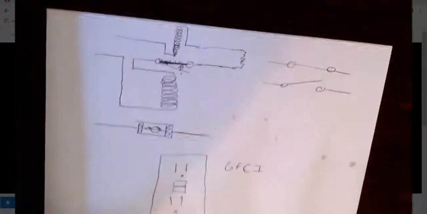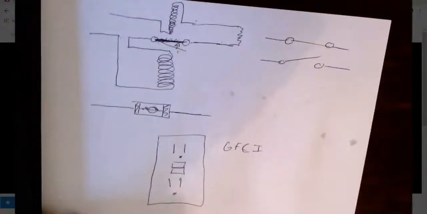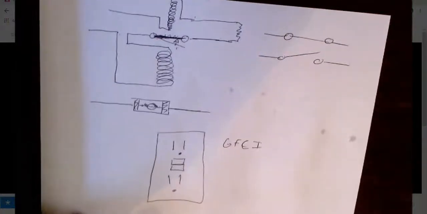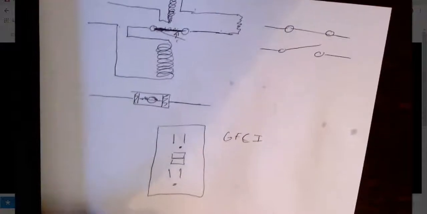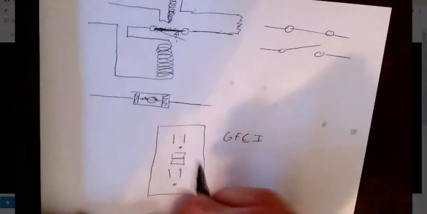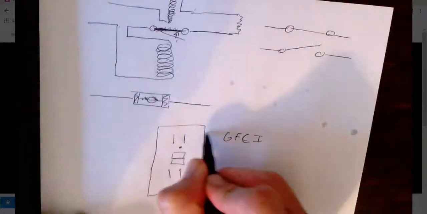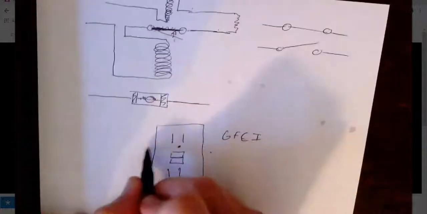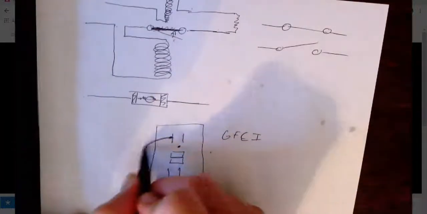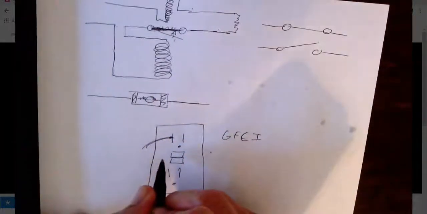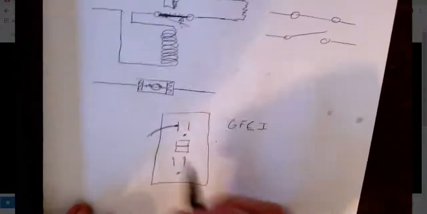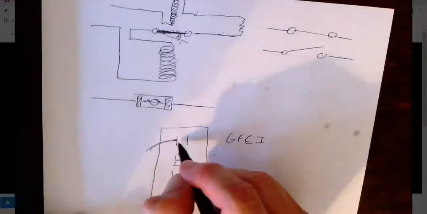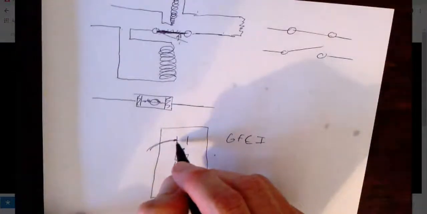This thing says, what happens if somebody is being electrocuted currently? You're not a great conductor, you're kind of a mediocre conductor, but let's suppose that you're getting electrocuted by sticking a screwdriver into one of those. And the electricity is not going back down through the other wire.